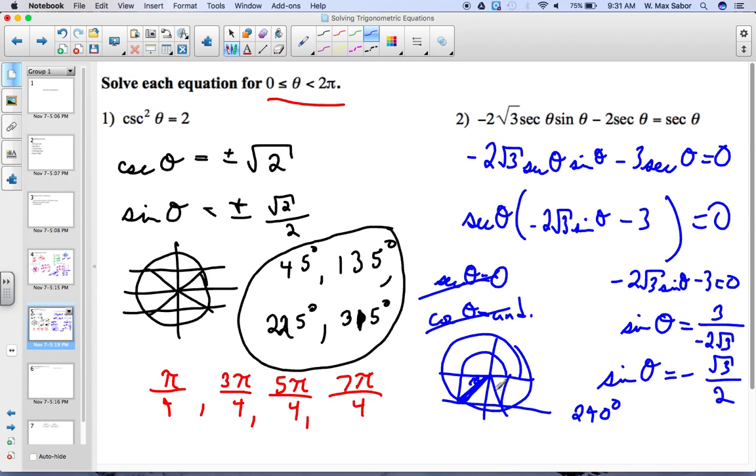Or we could continue another 30 degrees to this and another 30 degrees there, which would give us 300 degrees. If we write those in radians, which we were asked to, this would be pi over 3 here, and then this is pi, so 4 pi over 3, and this second one is 5 pi over 3.